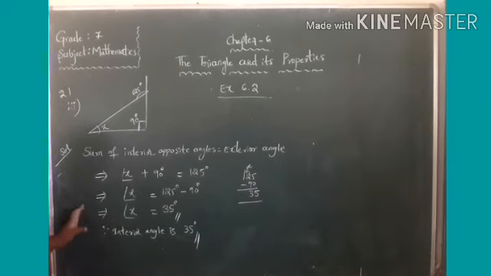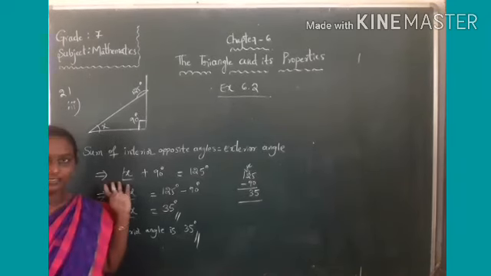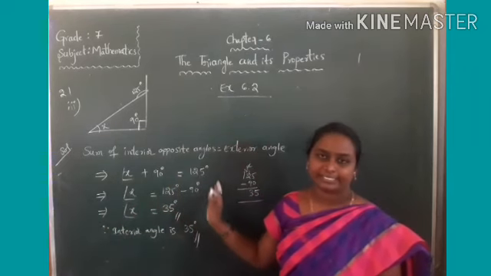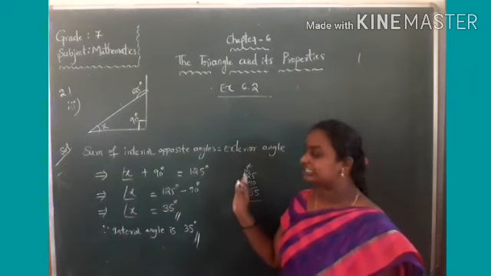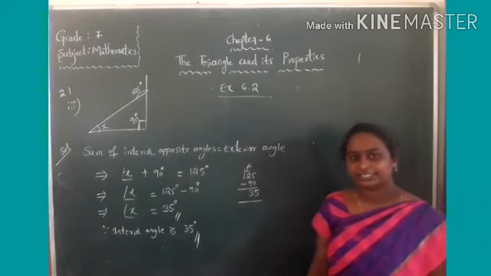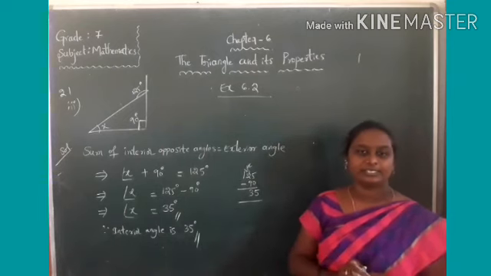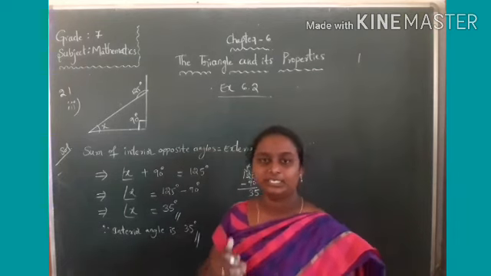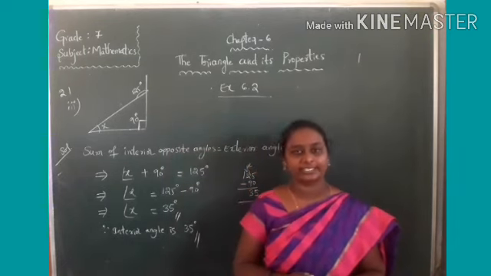Okay children, up to now we have solved all these problems based on the property of a triangle. Once again you recall, because this property is very important: the exterior angle is equal to the sum of its two interior opposite angles.